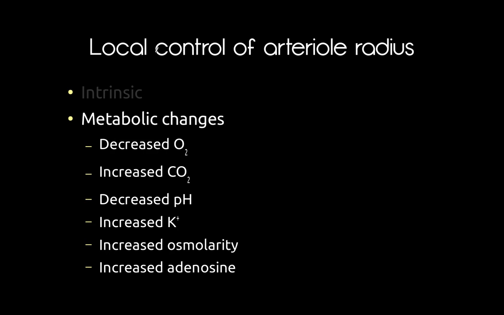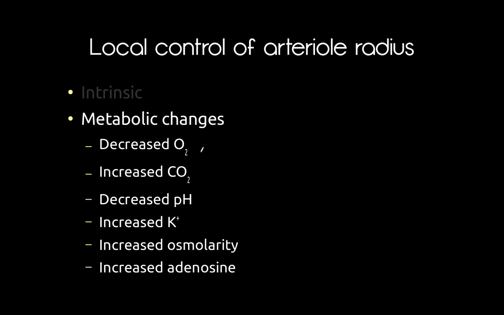If we have decreased oxygen, increased carbon dioxide, decreased pH, increased potassium, increased osmolarity, or increased adenosine, any of these factors are going to tend to cause relaxation of the smooth muscle and cause vasodilation. And the opposite will cause vasoconstriction.